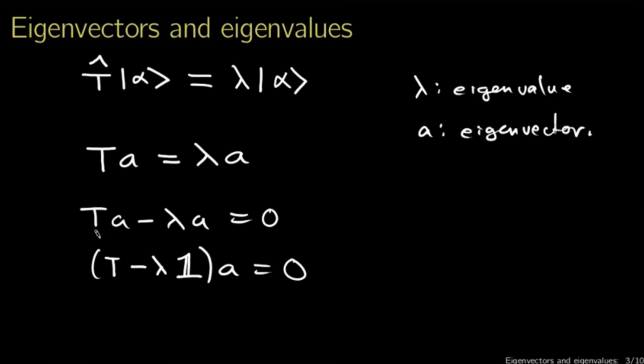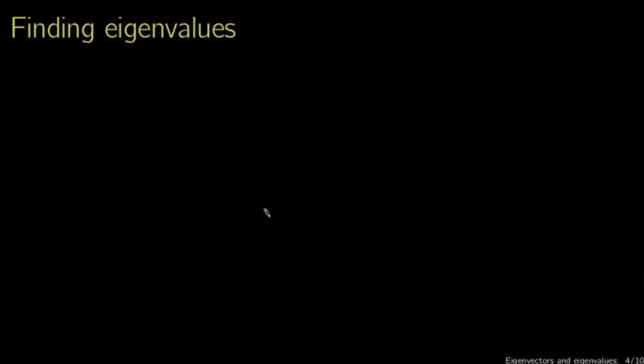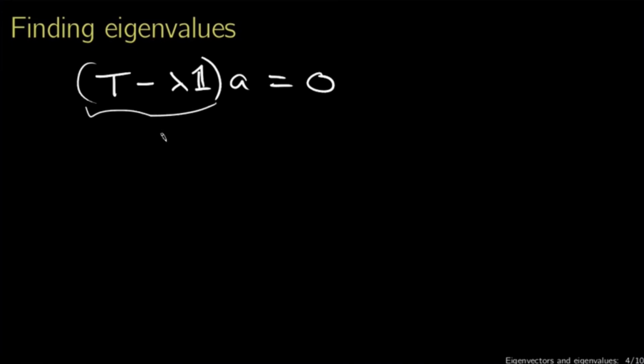If what you're interested in doing is finding eigenvalues, the easiest way to think of it is in terms of that expression. We're working with a matrix equation, (T minus lambda times the identity), multiplied by some vector, is equal to 0. You can imagine trying to solve this by standard techniques involving matrices. For instance, if I called this matrix A, I would have capital A acting on a vector a is equal to 0.